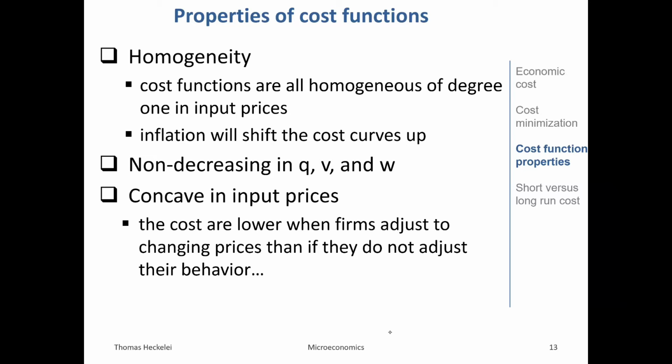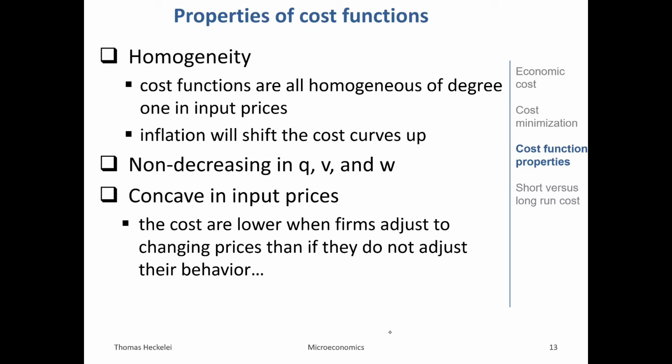The last property is the concavity. So the cost function is concave in input prices. Here I have to remind you a little bit. Concave or convex is always a relative term.